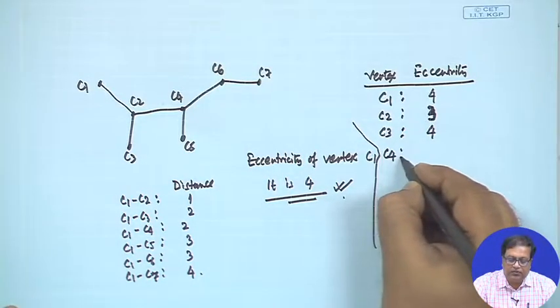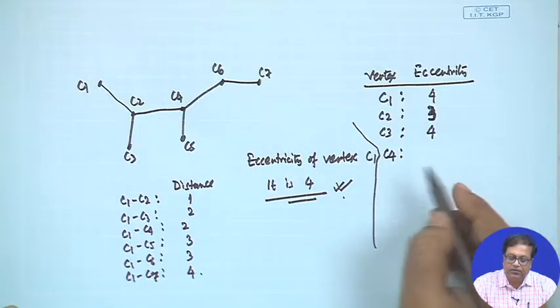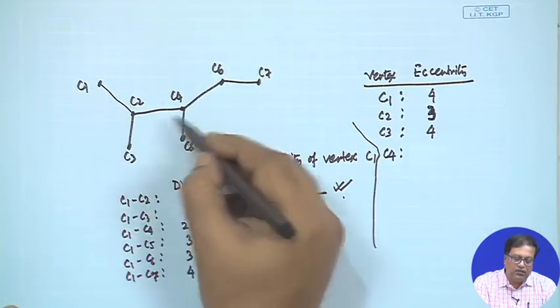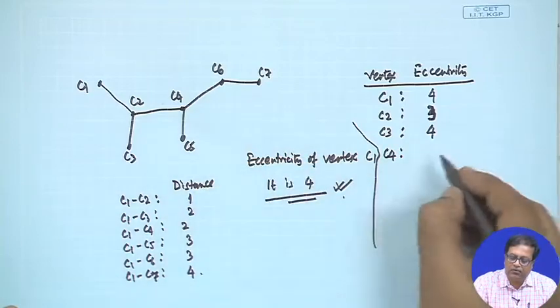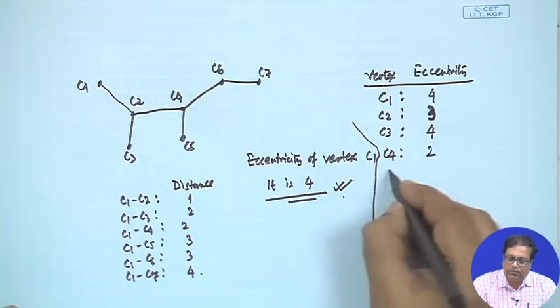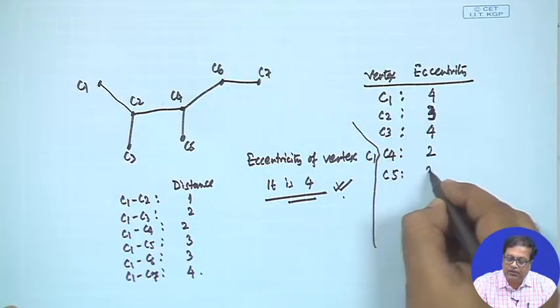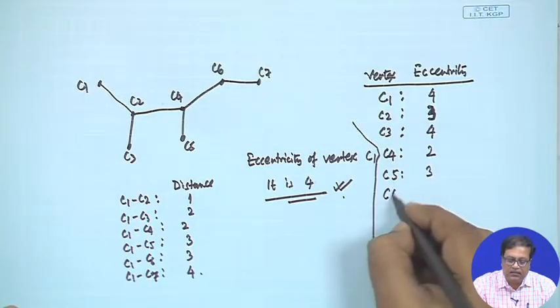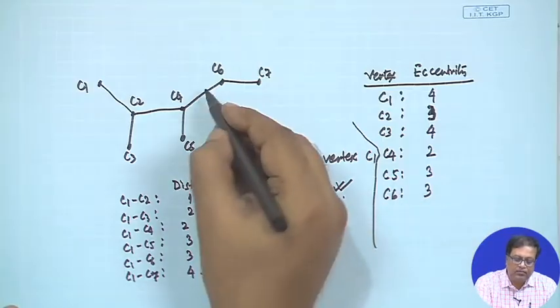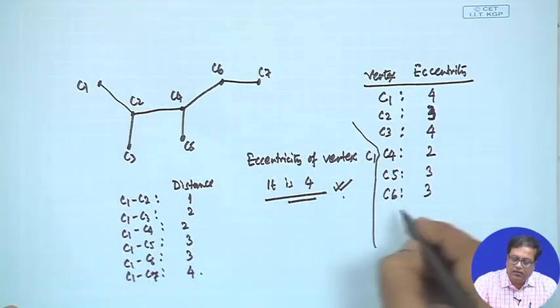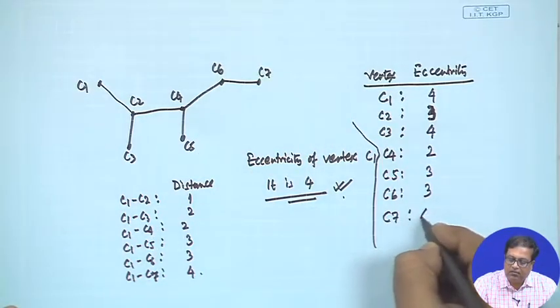What about C4? C4 would be 2, because you see the farthest vertex is only at a distance of 2. What about C5? C5 would be 3. C6 will be 3 again, because from this side. And what about C7? That will be 4.